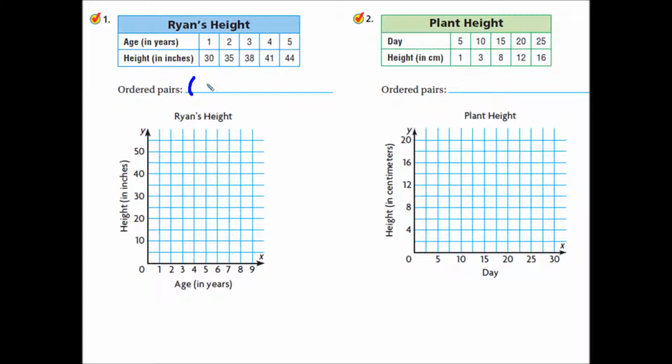The first ordered pair is (1, 30). And the next one is (2, 35). The next one is (3, 38). Next is (4, 41).